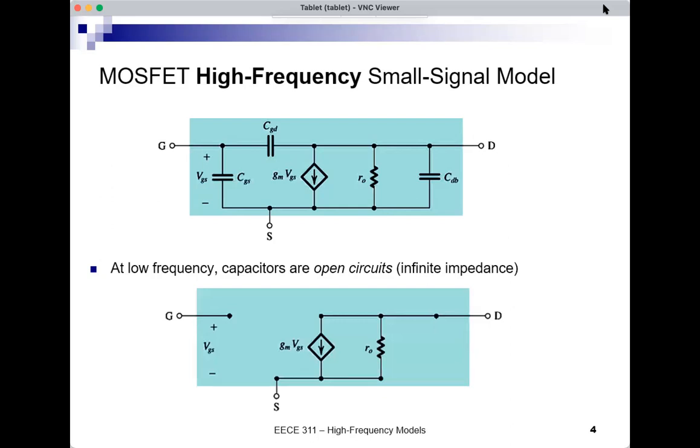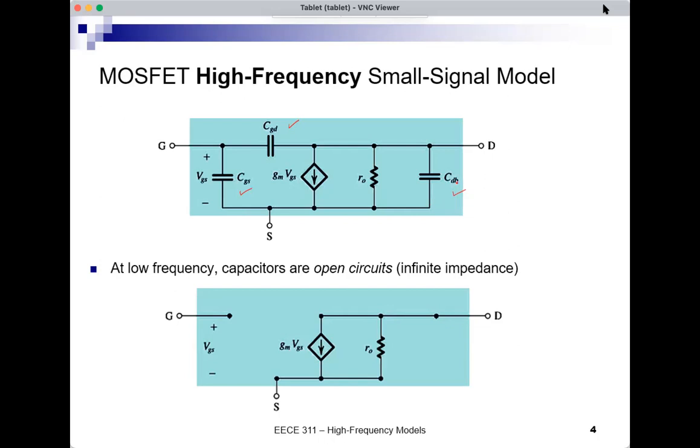And that's no surprise, because this is exactly the MOSFET small signal model that we're familiar with, the one that we use in our amplifier analysis: gm vgs and ro. But in general, in addition to gm vgs, the controlled source, and the resistor ro, there are three capacitors: CGD between gate and drain, CGS between gate and source, and CDB, where B is the bulk or the body or the substrate.